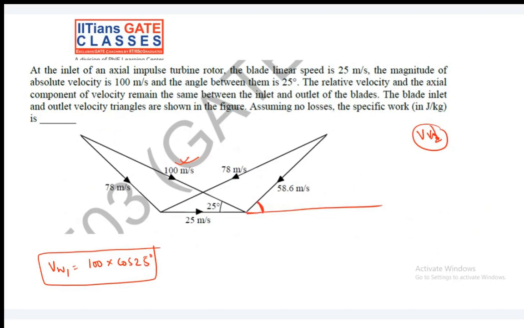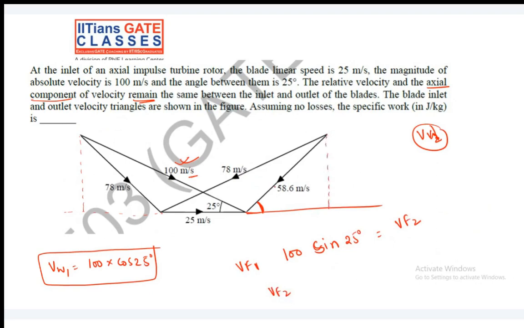But it says in the question that the axial component of velocity also remains same. So what is the axial component of velocity? First one is this one, that is, this is 100 sine 25 degree, which is Vf1, right? And it says that Vf1 value is equal to Vf2, and Vf2 value is this one.